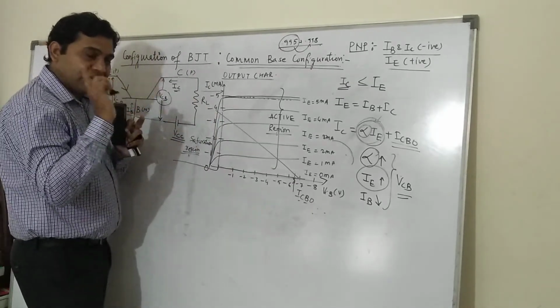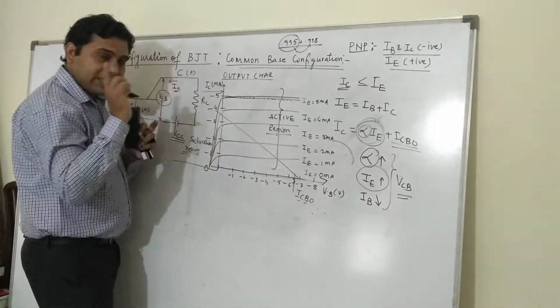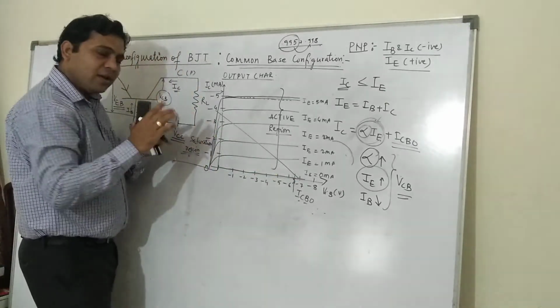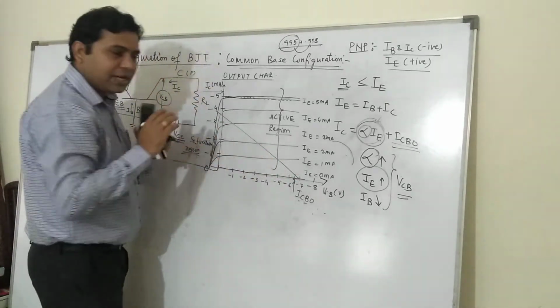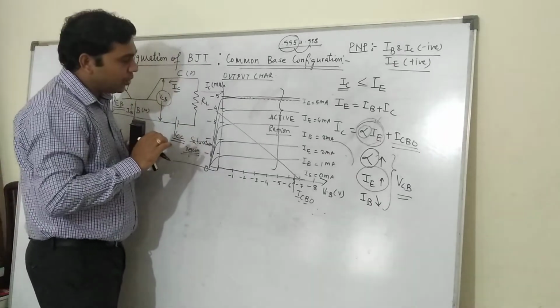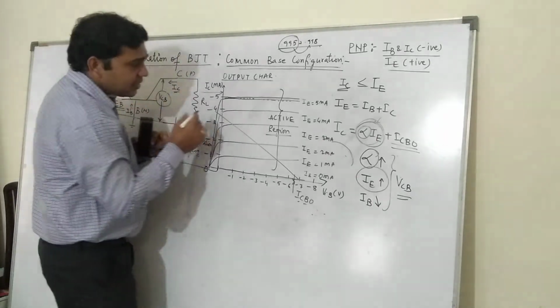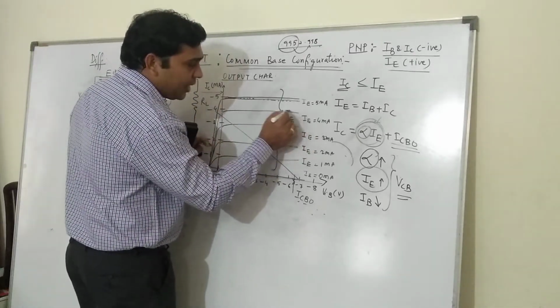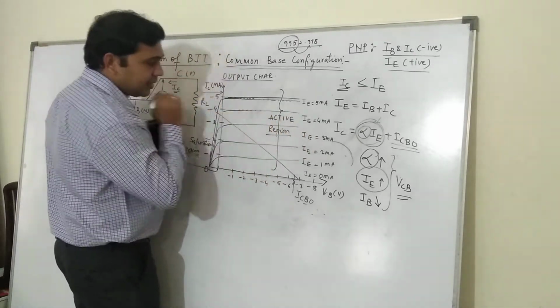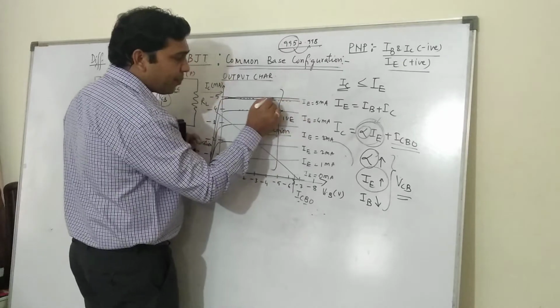When we understand the concept of the load line, we will understand why this line comes like this. But this line comes like this only. Let's say for IE equal to 4 milliampere, the IC is like this, and for IE equal to 5 milliampere, the IC is like this.